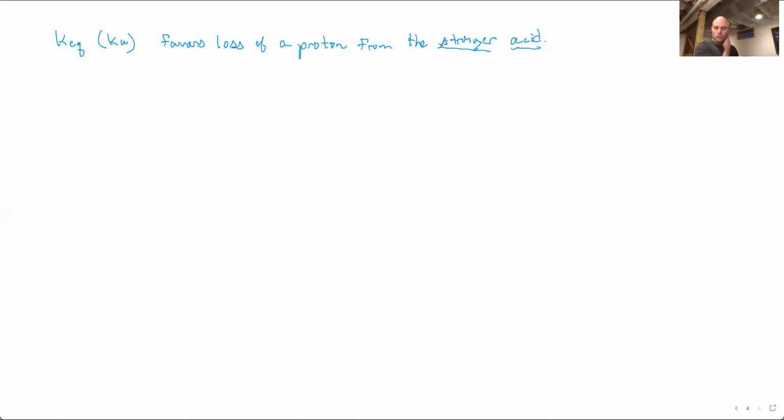Okay, so let's work through an example and we can see how this plays out. All right, so we can consider an acid such as hydrogen cyanide, reacting, for example, with methoxide anion.